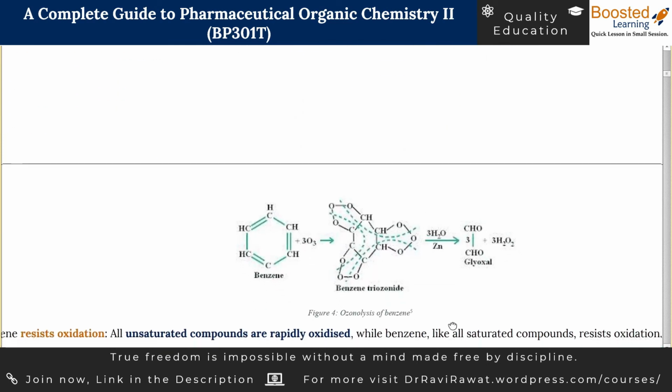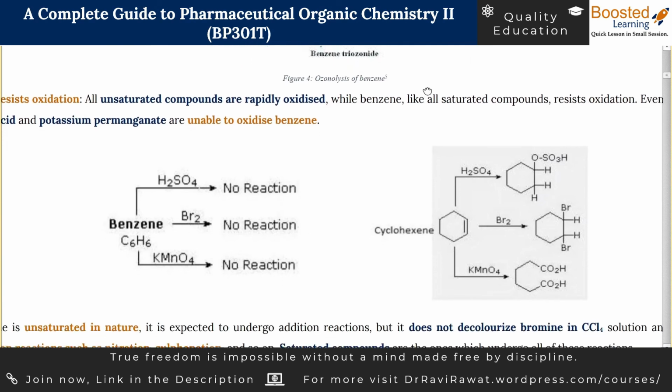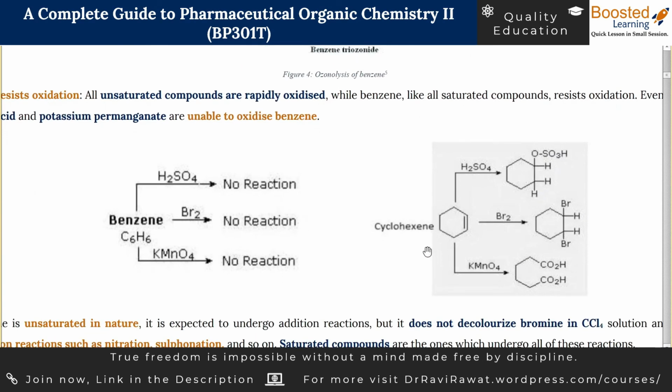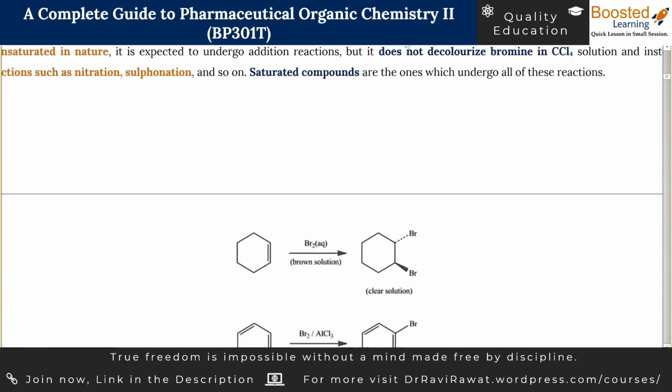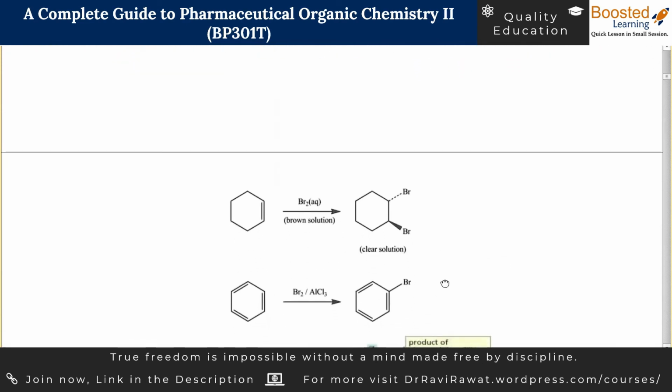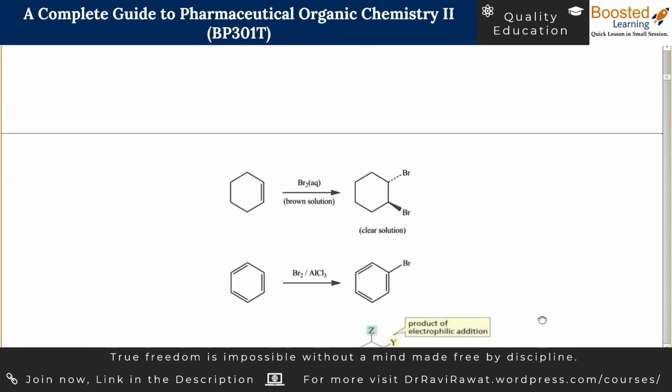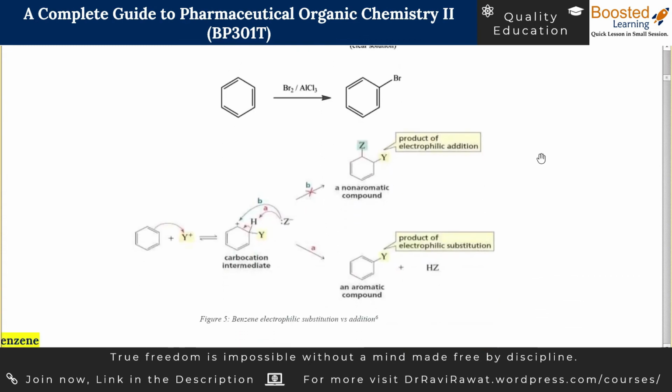But there were some other confusing experiments where benzene failed to react with some oxidizing reagents, and also it was not giving typical addition reactions, it was giving substitution reactions. So these were the evidences which were found while the structure of benzene was derived.